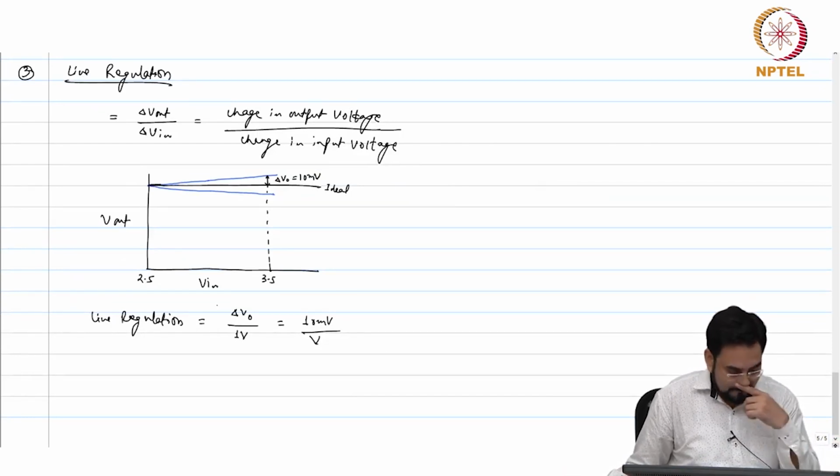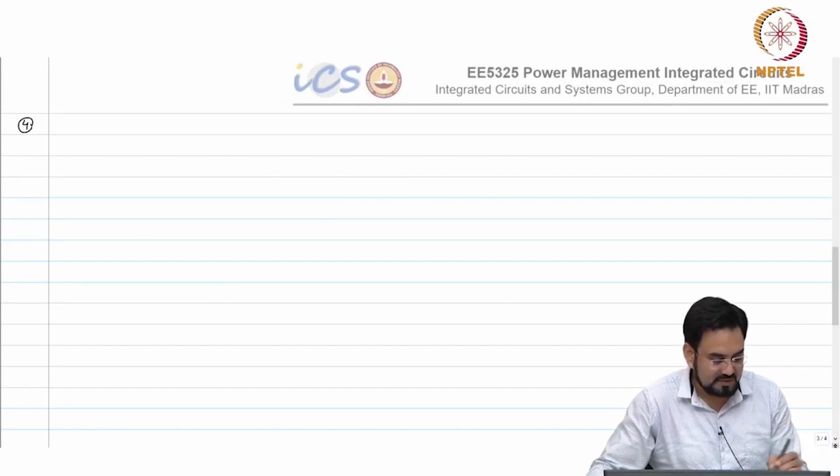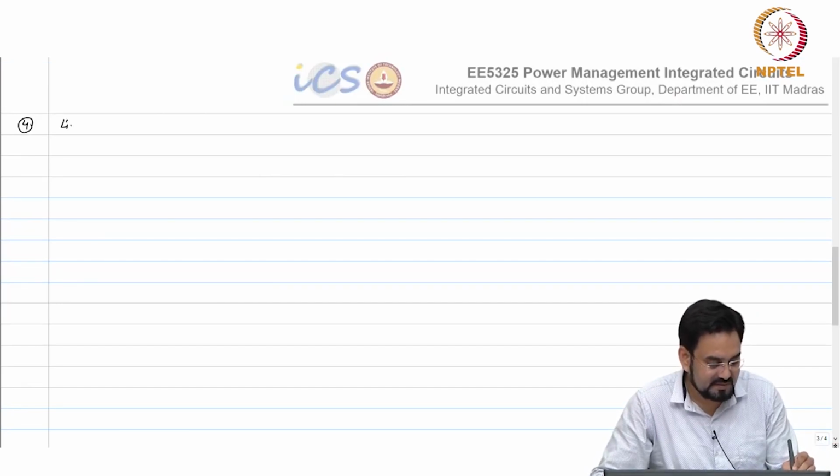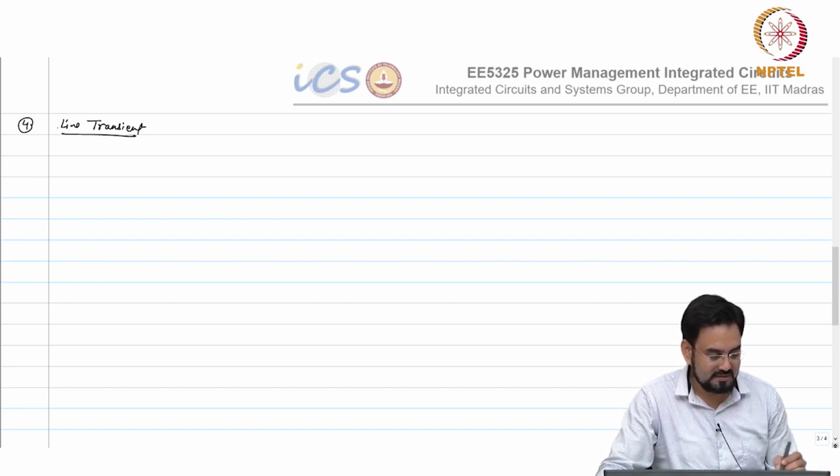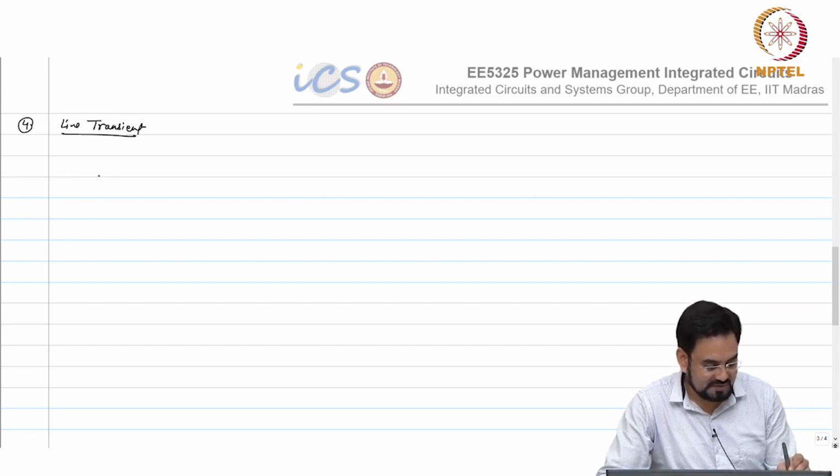So okay, next performance parameter is line transient. So if this is my input supply voltage, which is not fixed but changing.